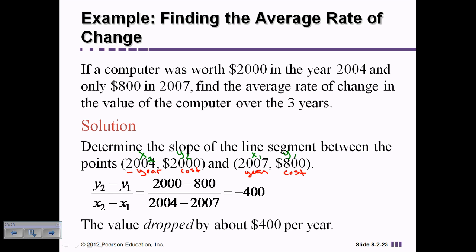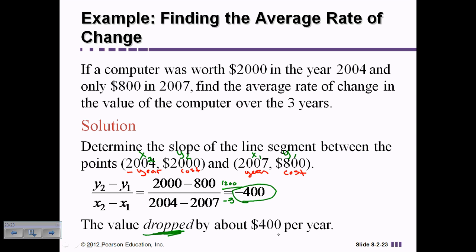Remember how I told you could switch these around. So y2 minus y1 would be 2000 minus 800, and x2 minus x1 would be 2004 minus 2007. So 2000 minus 800 is 1200. 2004 minus 2007 is -3, and those two numbers divided give you -400. So that's telling you that the value dropped by about $400 per year.